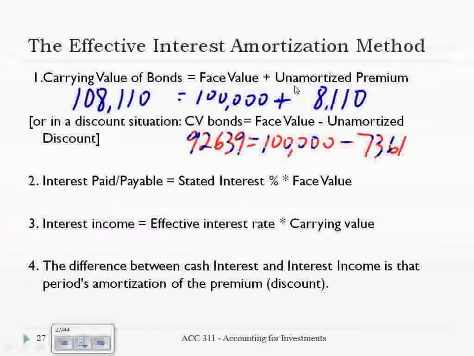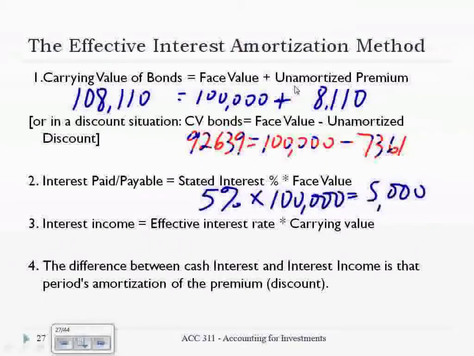Now, interest paid or payable is going to be the coupon. Remember, our stated interest rate was 5%, adjusted from 10% divided by two for semi-annual, times $100,000, and that was $5,000. Now, interest income is changing every period. It's going to be the effective interest rate, and I'm just going to work on my premium bonds right now. The effective interest rate here was 4%, times the initial carrying value of $108,110.